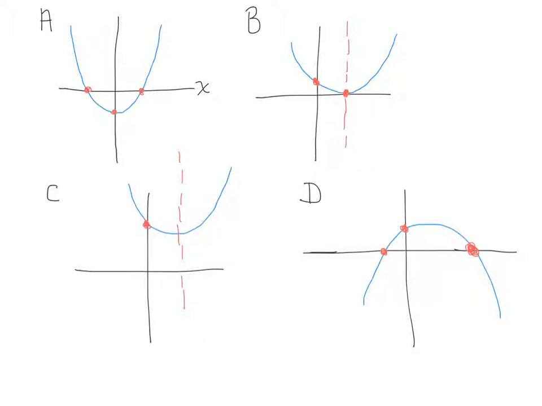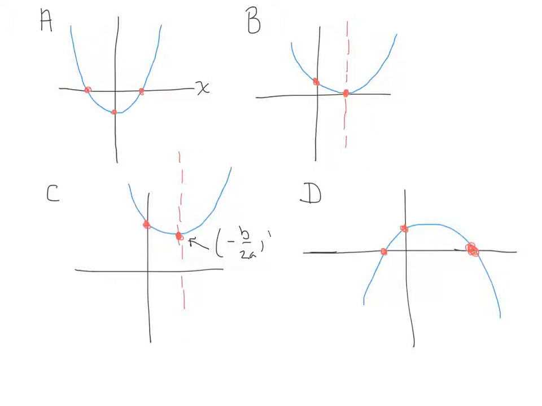So you should be able to identify this point fairly easily by plugging in the opposite of b over 2a. This point is going to have the value for x, the opposite of b over 2a, and that's true for every vertex, and then whatever y's value is.